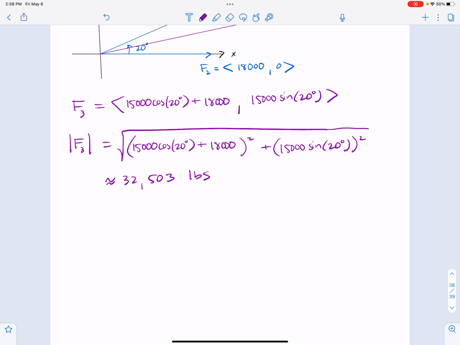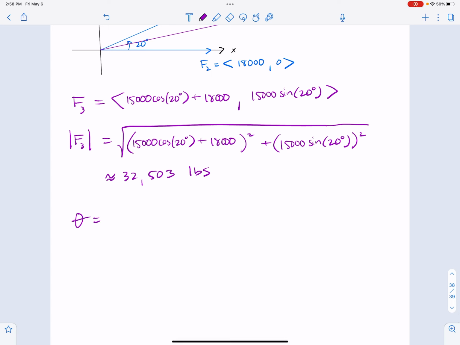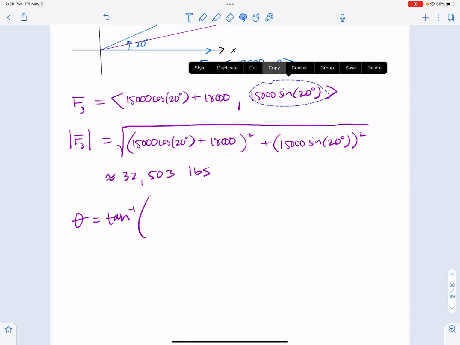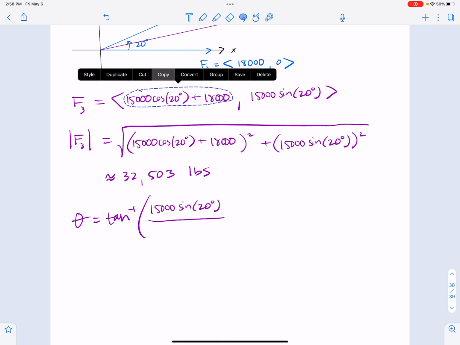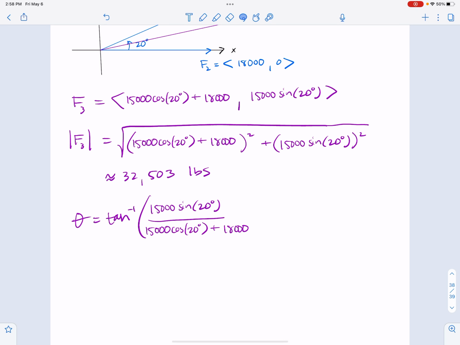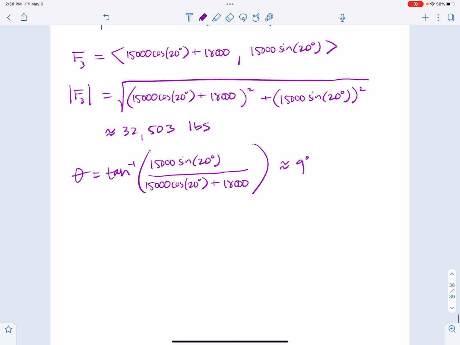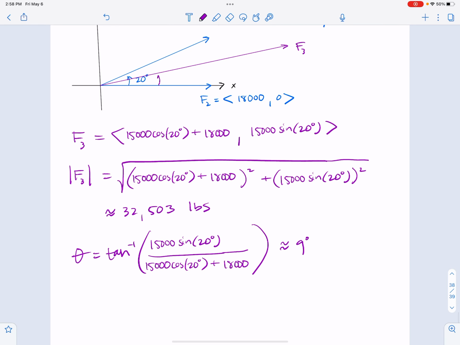The direction angle, which since we're in quadrant 1, this will be the actual direction angle, will be inverse tan of the vertical component divided by the horizontal component. And we get approximately 9 degrees. So this angle would be approximately 9 degrees.